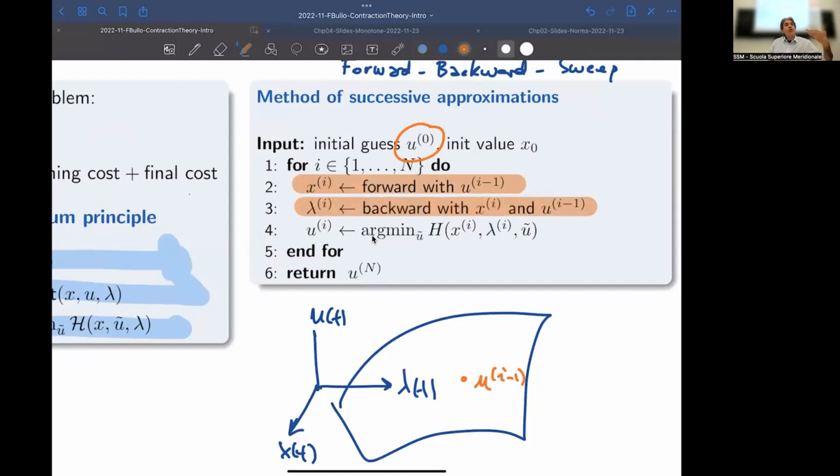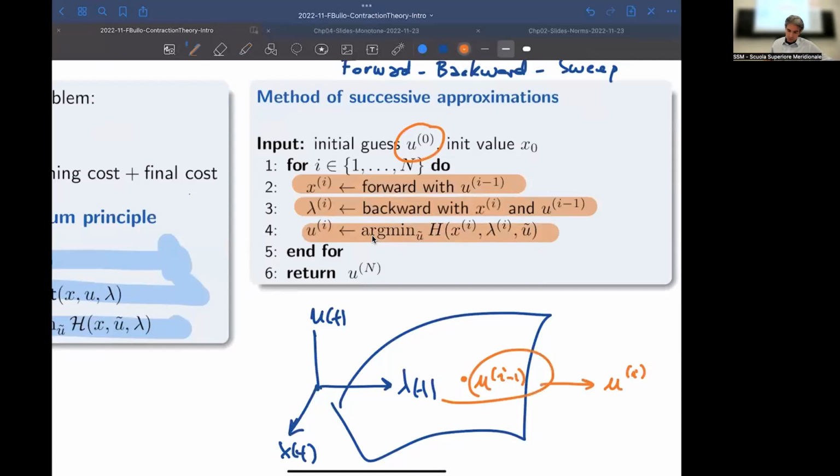I have computed two new points, x_i, lambda_i. Now either u_{i-1} is optimal, or you compute a new u_i. You solve the sweep equation, you minimize pointwise. So this map allows you to go from a given u_{i-1} to a new u_i. Does that make sense?